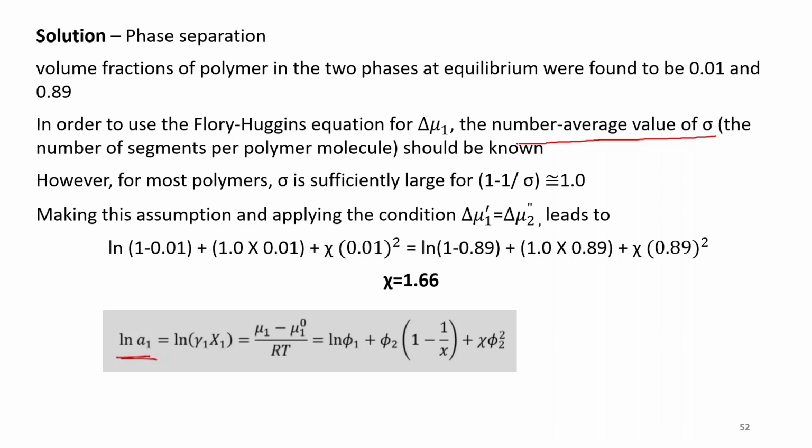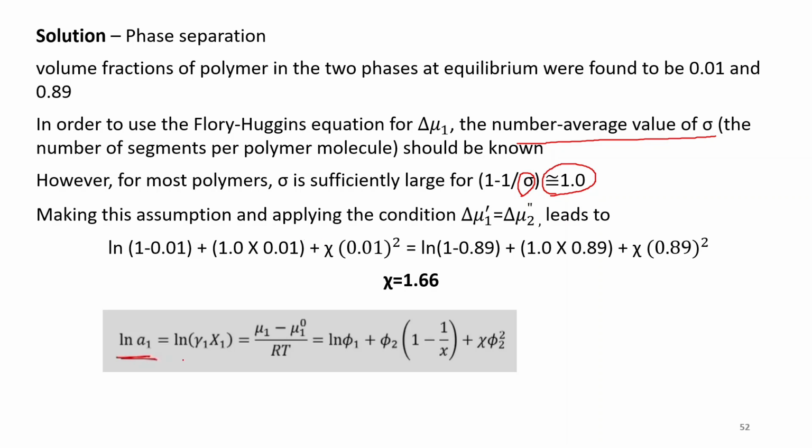For calculating delta mu1, we need to know the sigma value, but for most polymers, sigma will be sufficiently large. So if sigma is very large, 1 upon infinity will be 0, which will be subtracted from 1: 1 minus 0 equals 1. So this value will come to equal 1 for most polymers, right?